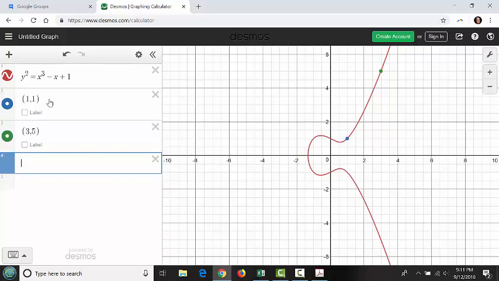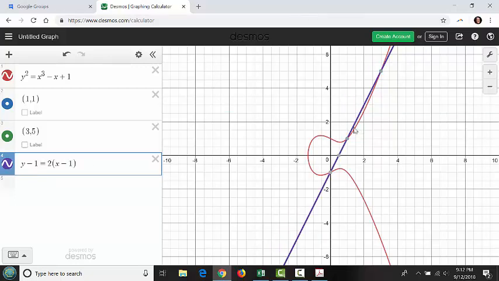Let's just use, for our example, we're defining that star operation. Let's think of the blue point as A and the green point as B. And we can draw a line through those 2 points, and we'll see that it intersects the elliptic curve in a third spot. So if I write the equation of the line through the point 1, 1, and 3, 5, I have y minus 1 is the slope, which is 2, times the quantity x minus 1.